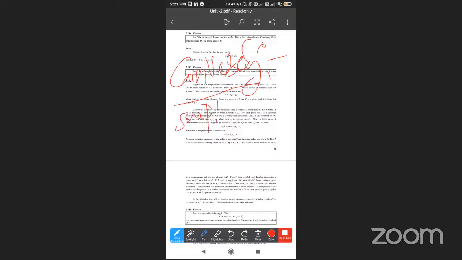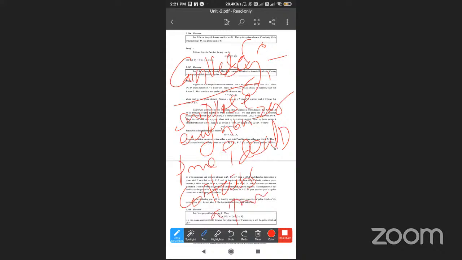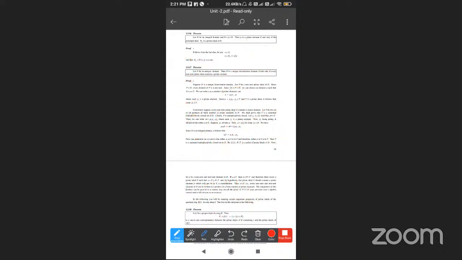We have to show that D is a unique factorization domain.